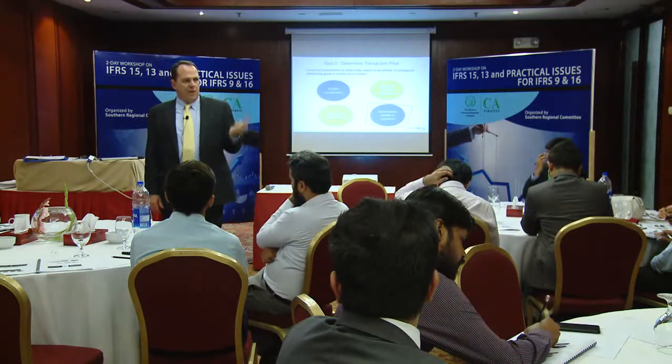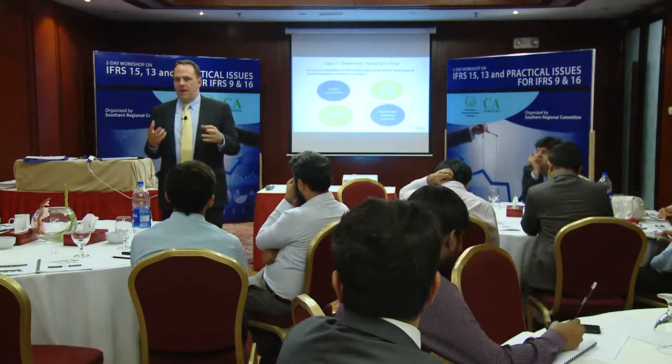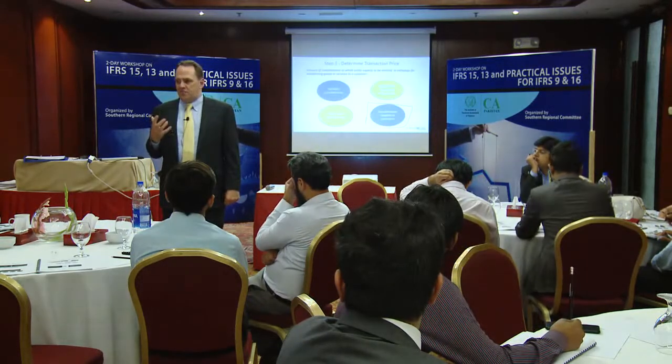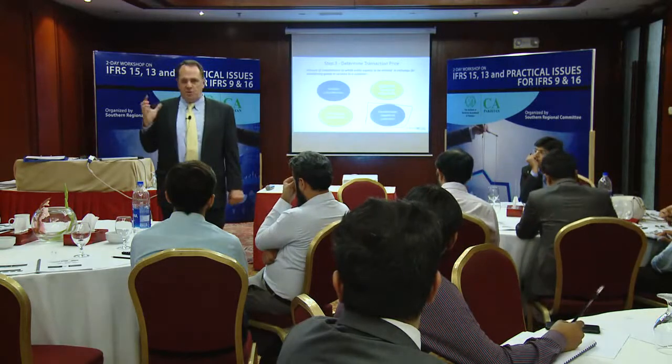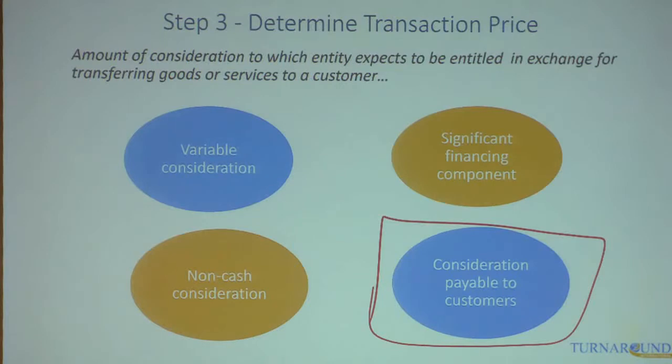Does that go against revenue, or does that go to advertising cost? It depends. If it's a reimbursement of a direct expense, the vendor would show that as advertising expense. If it is not a reimbursement of an expense, you have the money to do as you like, then it goes against revenue.